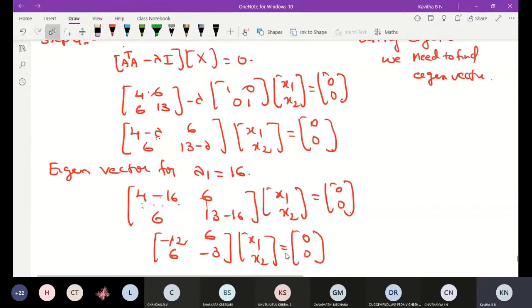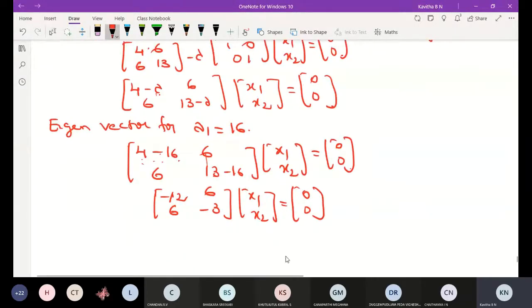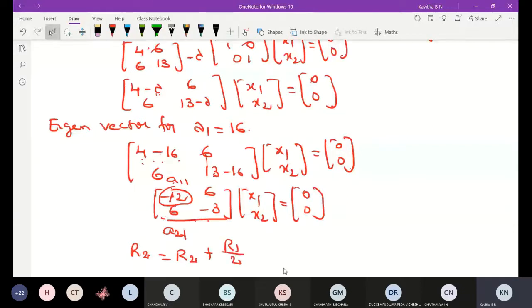Okay, then next, observe here, using the first row, using the A11, A21 is 0. Do the operation here: R2 is equal to R2 plus R1 by 2.